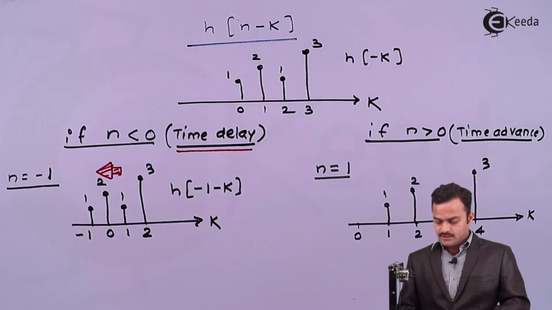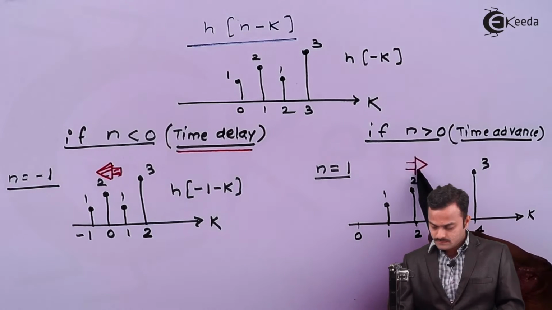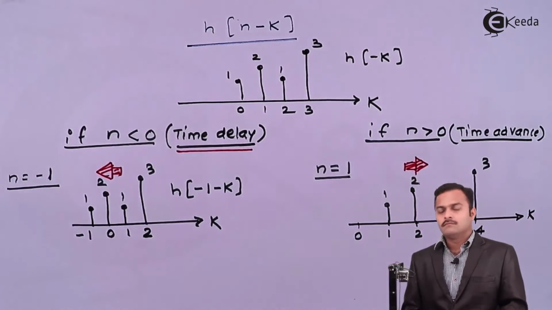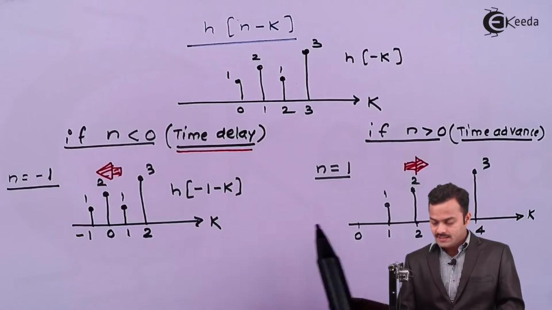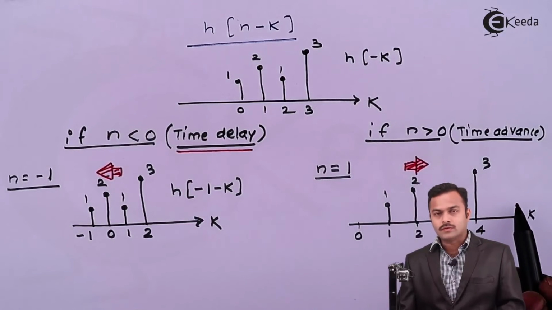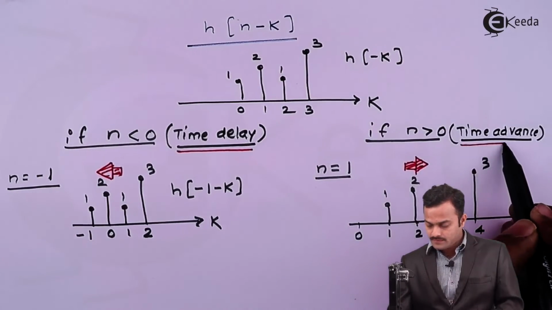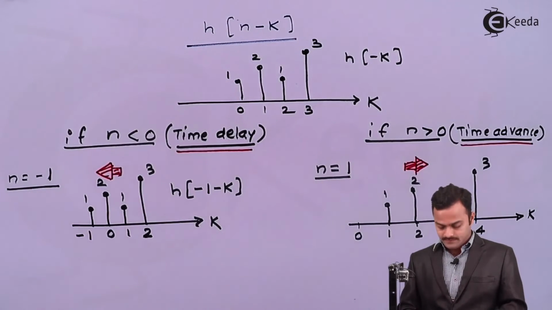So over here the shifting has taken place towards the right by 1 unit. Hence, if the positive shifting is there, the advancement is like this, towards the right, for h of minus k. So this we call the time advance. And we have to do this shifting by 1 unit at a time.